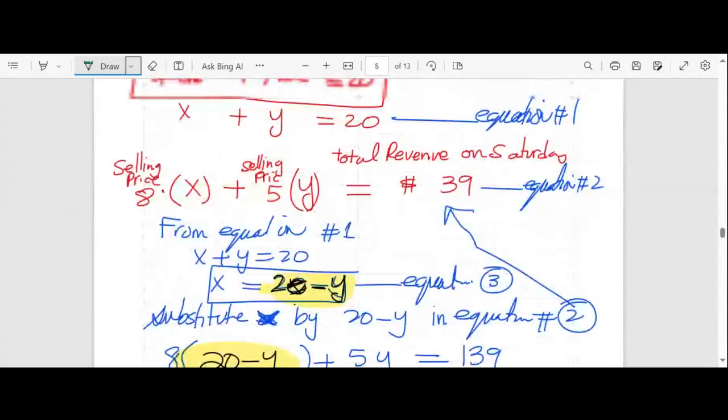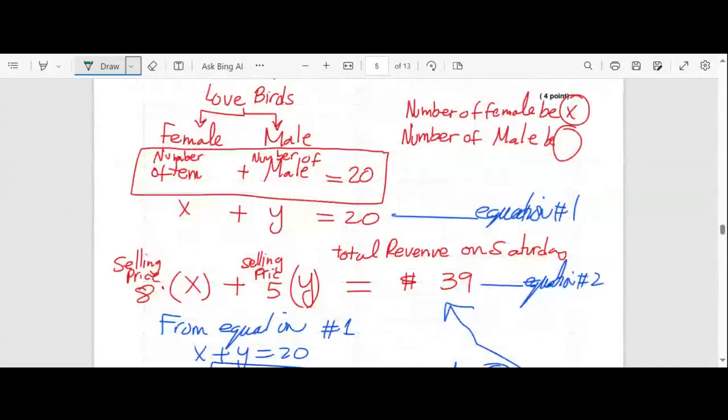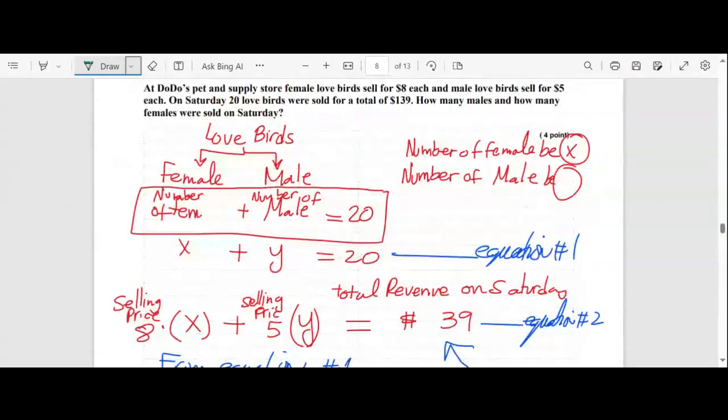Okay, take a look at this one here. This is a word problem. It says at Dudu Bits and Supply Store, female lovebirds sell for $8 each, and the male lovebirds sell for $5 each.